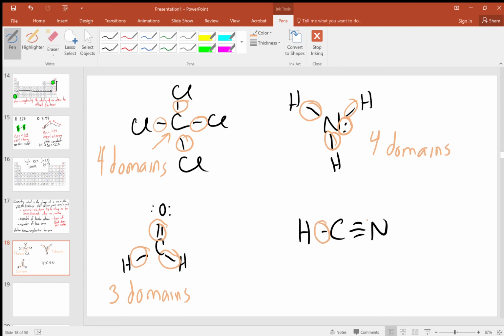One bond, and then bonded to a second atom. So a total of two domains. And so if we know the number of electron domains, the number of bonds, and the number of lone pairs, we can predict the geometry of any atom.